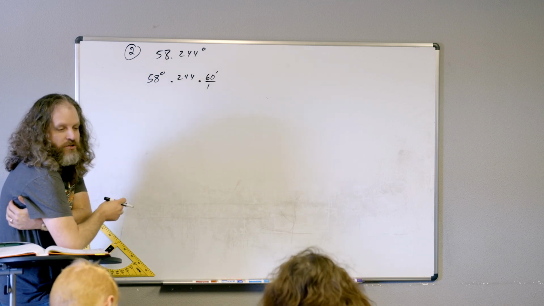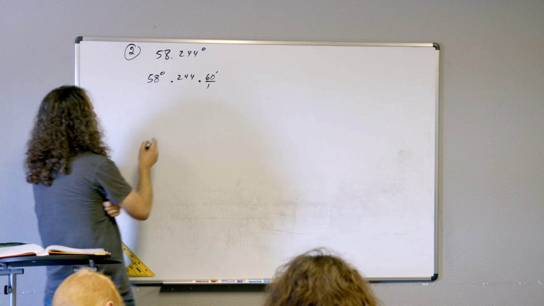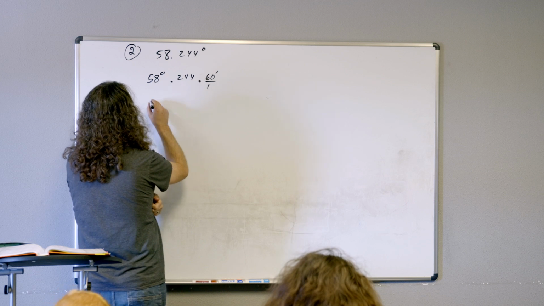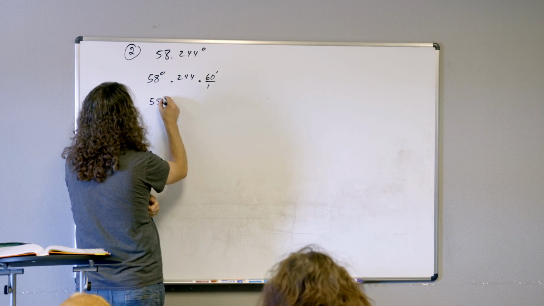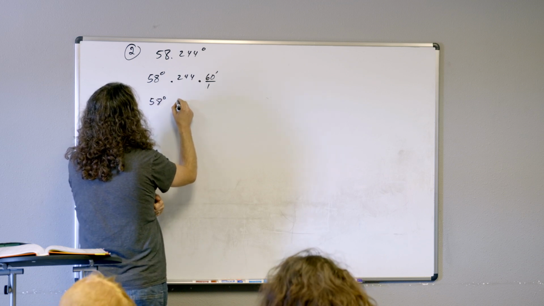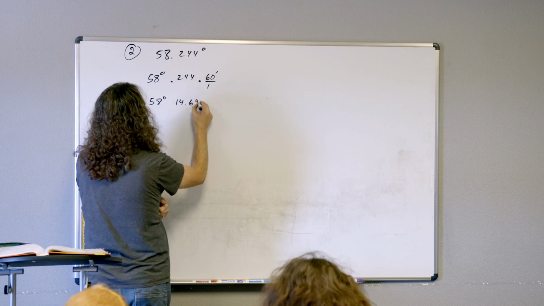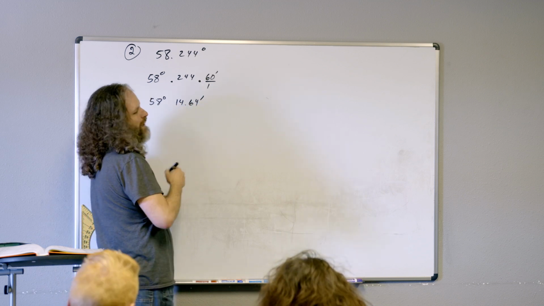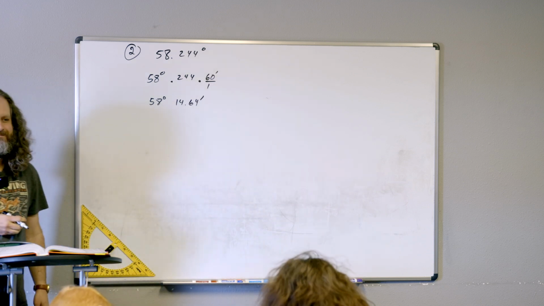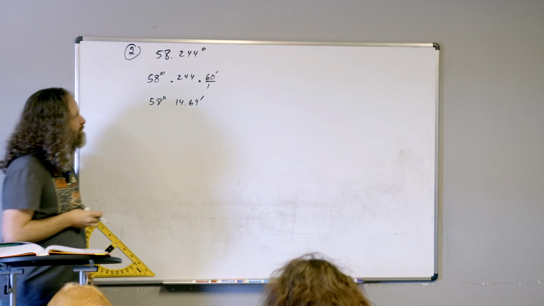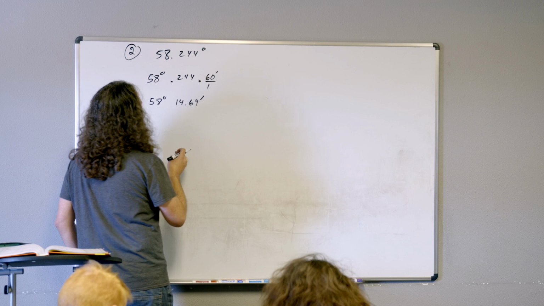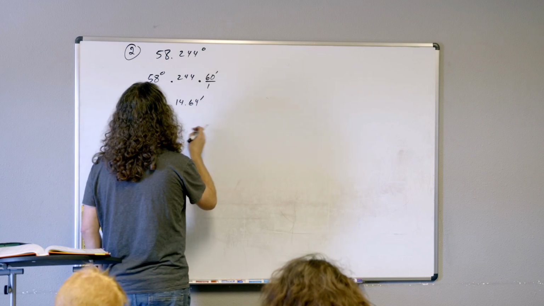0.64 minutes. 14. So now our answer is 58 degrees, 14 point, what'd you say? 6.4. 6.4 minutes. Now what do you think we're gonna do? Turn the 0.64 into seconds. That's exactly right.